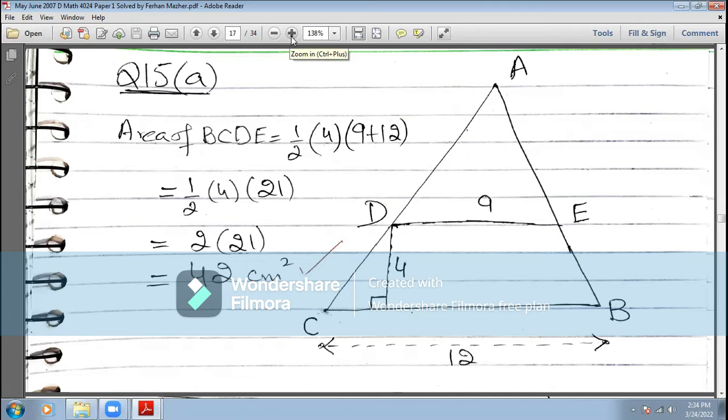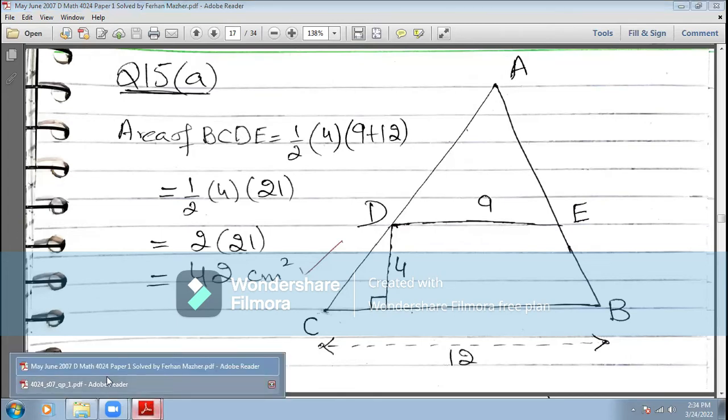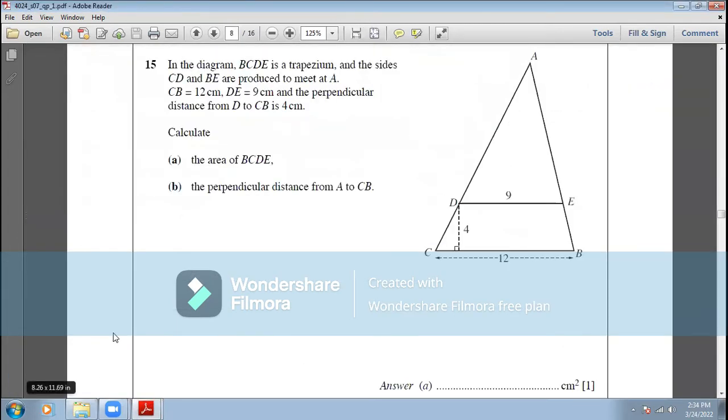So it will be 1 by 2 into 4 into 9 plus 12. So it will be 1 by 2 into 4 into 21, and 2 into 21 will be 42. So the area of this trapezium will be 42 centimeter square. I hope you understand. So that was question number 15, A part.